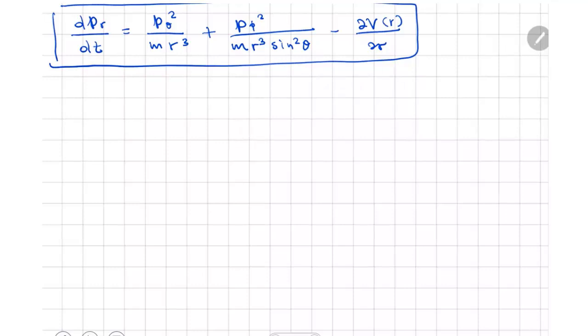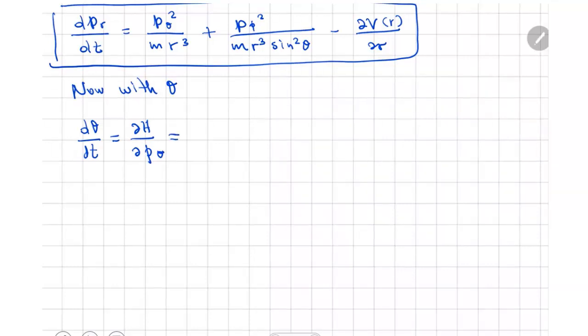Okay, now we go to theta. The first equation is dθ/dt equal to the partial derivative of H with respect to p_theta.